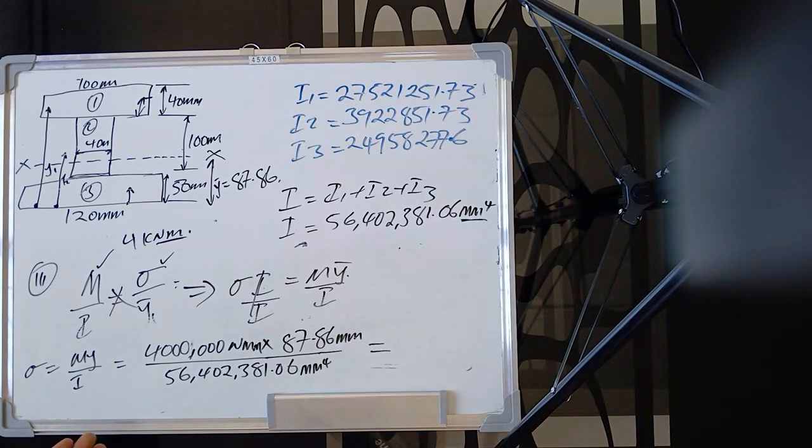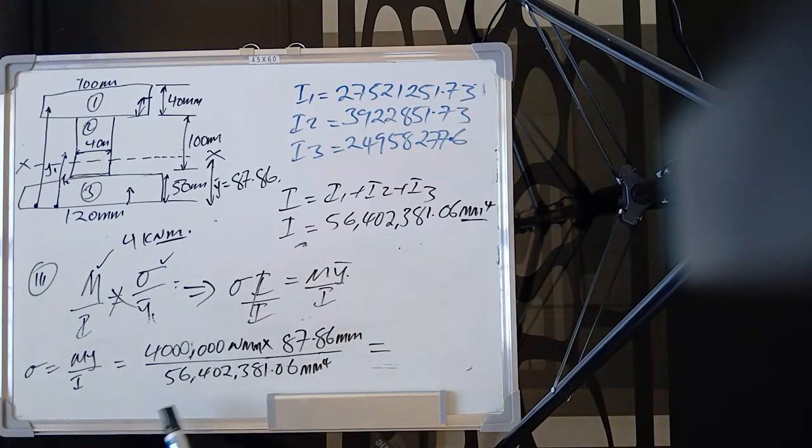Now, the other easiest way, if you don't want to write bigger numbers, is that there are 6 zeros here, so you can remove 1, 2, 3, 4, 5, 6, and that is mega. So it will be 4 mega Newton millimeter. Even here, you can move 1, 2, 3, 4, 5, 6. It will be 56.4 mega millimeter to the power 4.